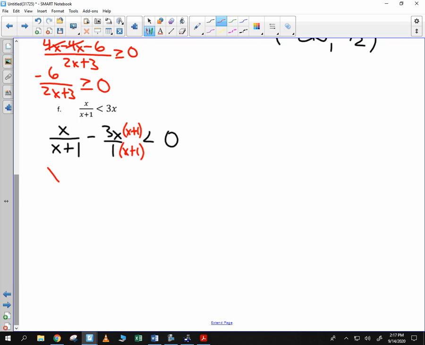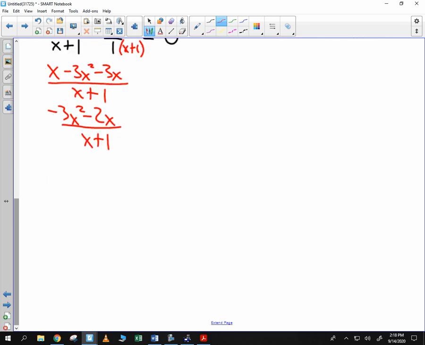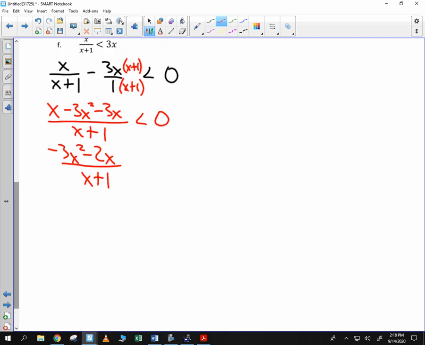And when I do, I have x minus 3x squared minus 3x over x plus 1, or -3x squared minus 2x over x plus 1. And again, those are both less than 0. I don't like the negative, so I'm going to multiply through to get rid of it. 3x squared plus 2x over x plus 1 greater than 0.